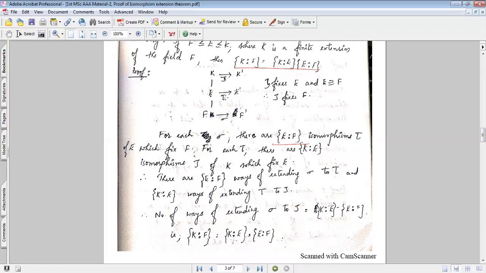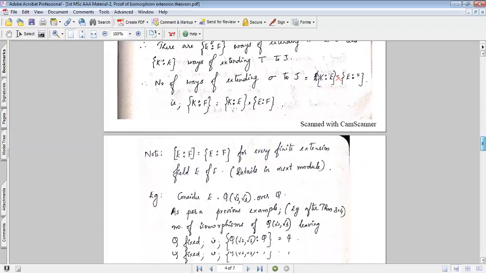Therefore, the total number of ways of extending from F to K will be the product, the index of K over E times the index of E over F. That is, the index of K over F equals the index of K over E times the index of E over F.